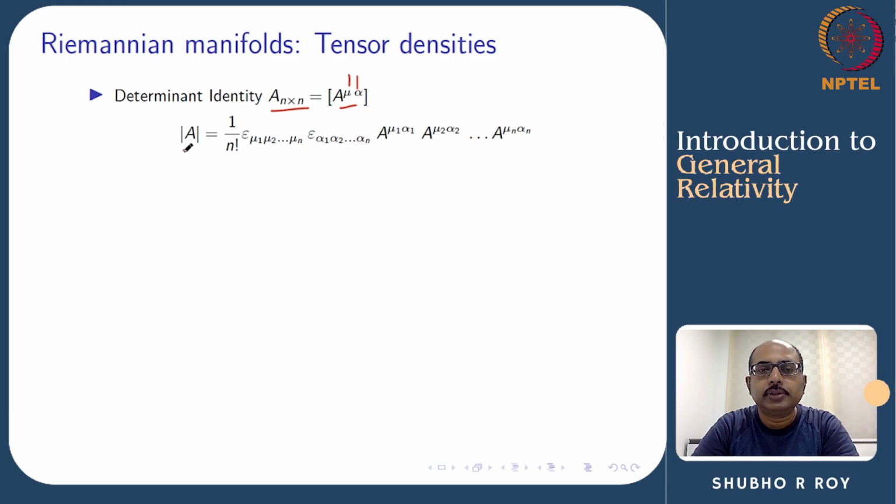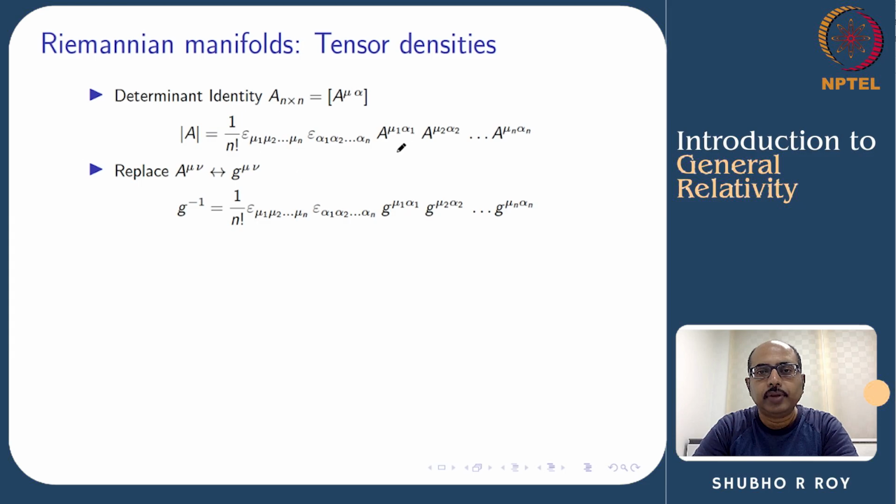The determinant satisfies this identity: we have two Levi-Civita symbols contracted with n components of A, and of course we sum over all mu and all alpha, then we get this, with an n factorial in the denominator.